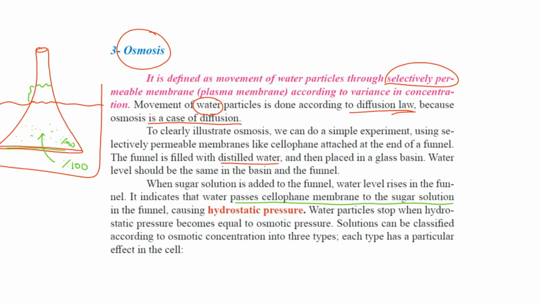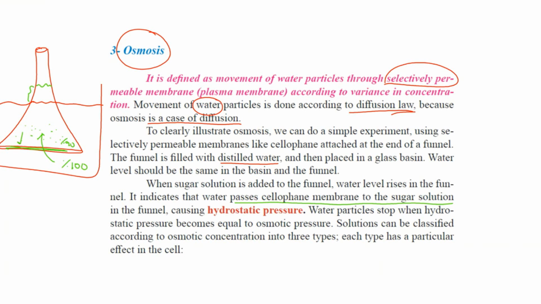It indicates that water passes through the cellophane into the solution in the funnel, causing hydrostatic pressure. Water, when passed through membranes, makes pressure on that membrane, and this pressure of water we call hydrostatic pressure. Water particles stop when hydrostatic pressure becomes equal to osmotic pressure.